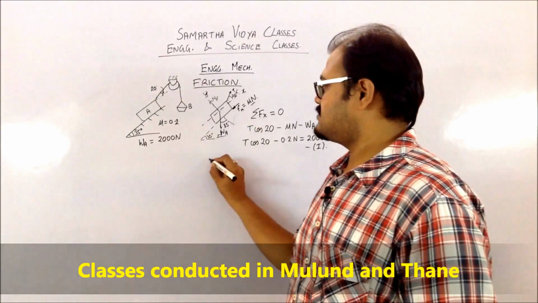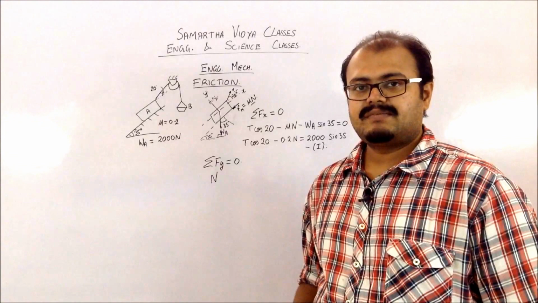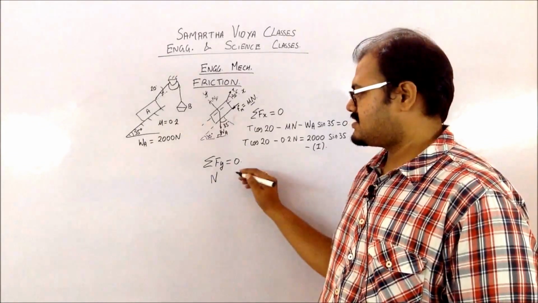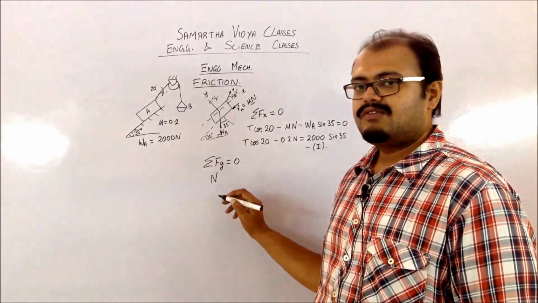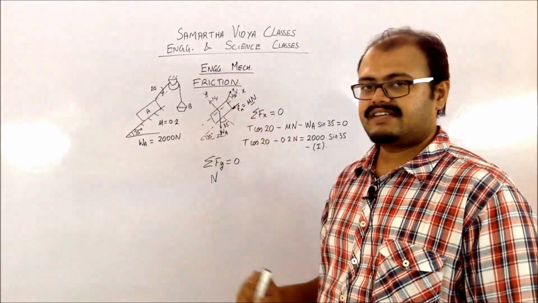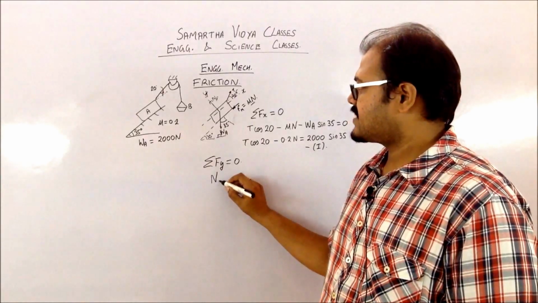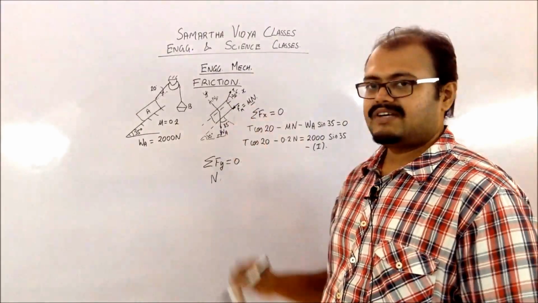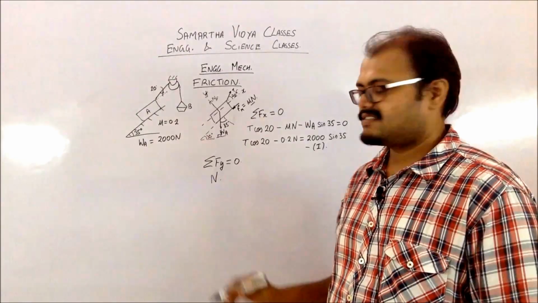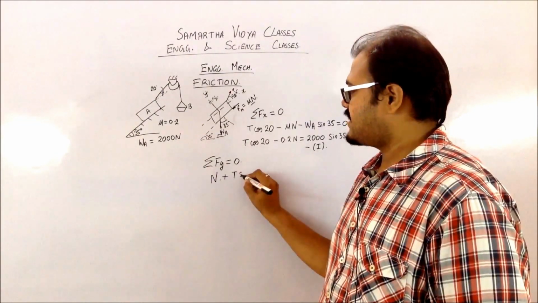So the next equation will be your summation Fy. Considering summation Fy is equal to 0, first of all you will have the normal reaction to this surface, which is going in the positive y axis, so you will have a plus N. Then you have to consider the component of T along your y axis, so that's going to be a plus T sine 20.